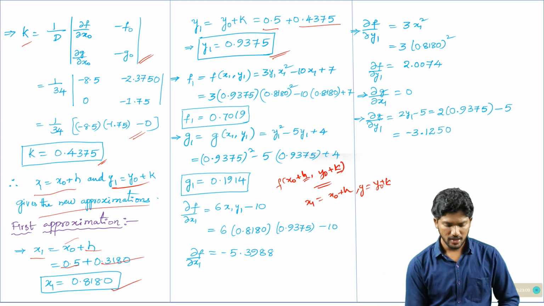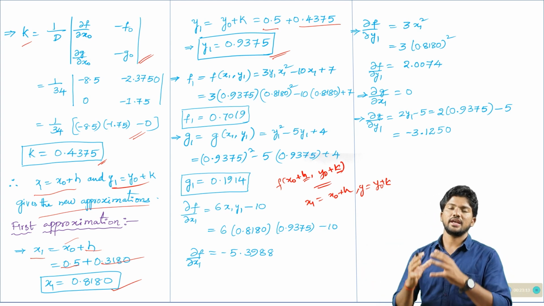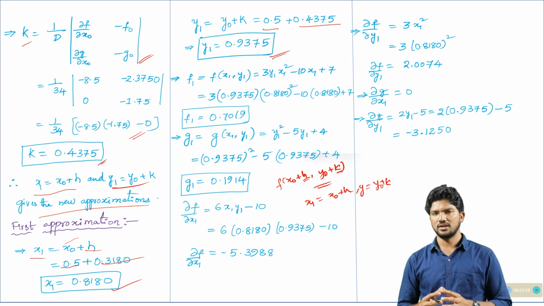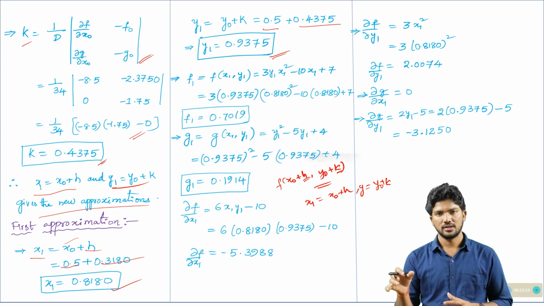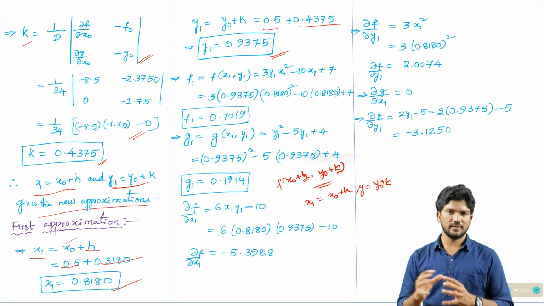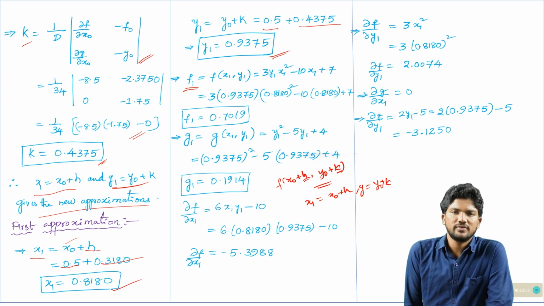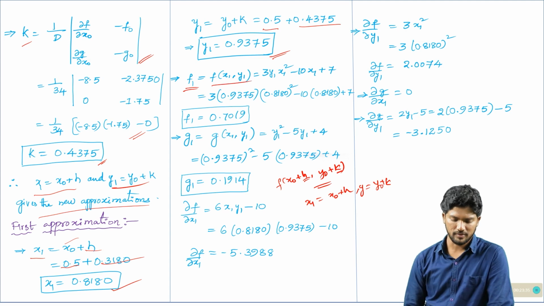Next, with the help of x₁, y₁, we are going to find f₁ for the next approximation, applying Cramer's rule. Then you will get f₁, g₁, ∂f/∂x₁, ∂g/∂y₁. With x₁, y₁, find f₁, which is f(x₁, y₁).